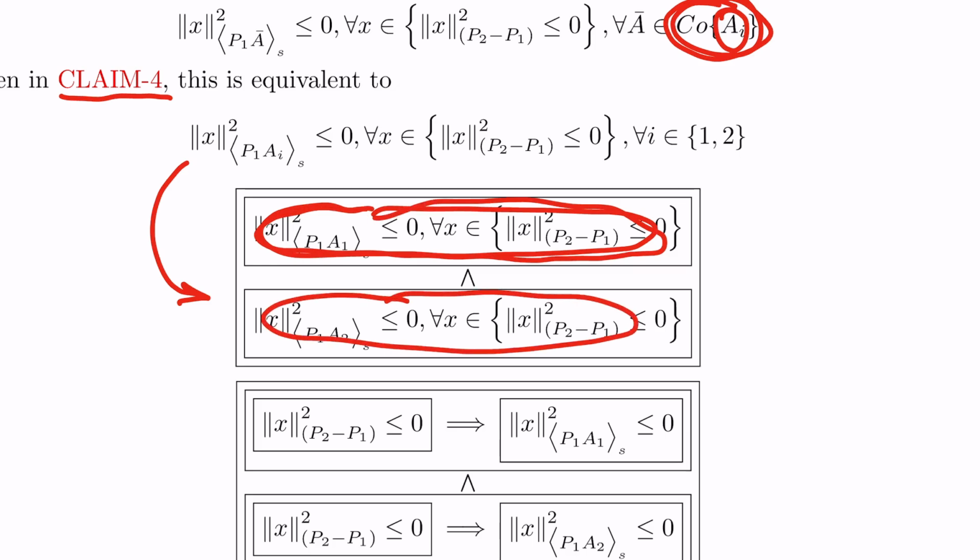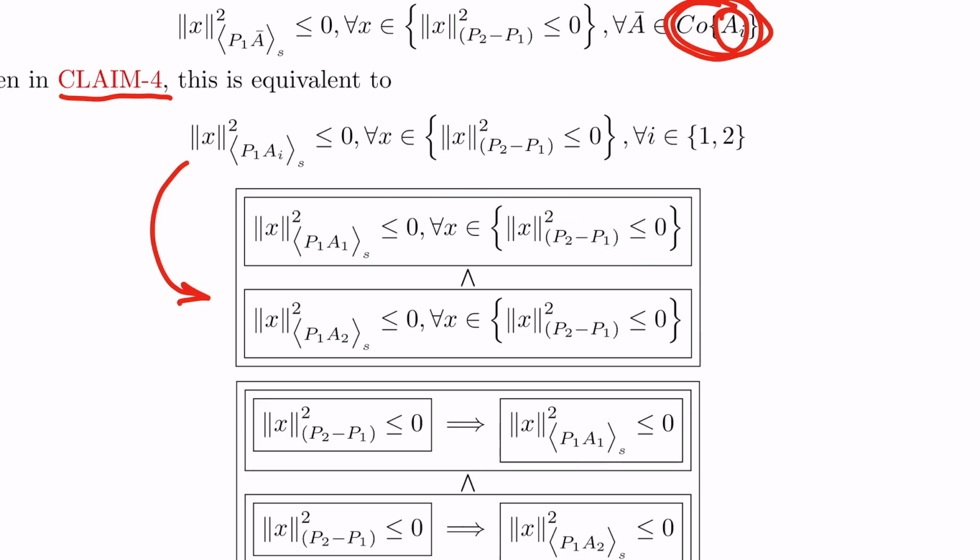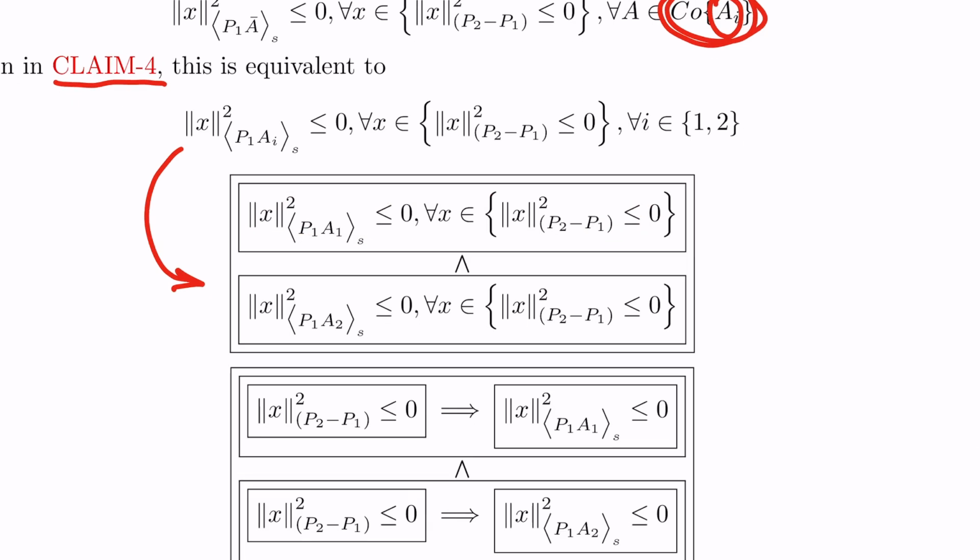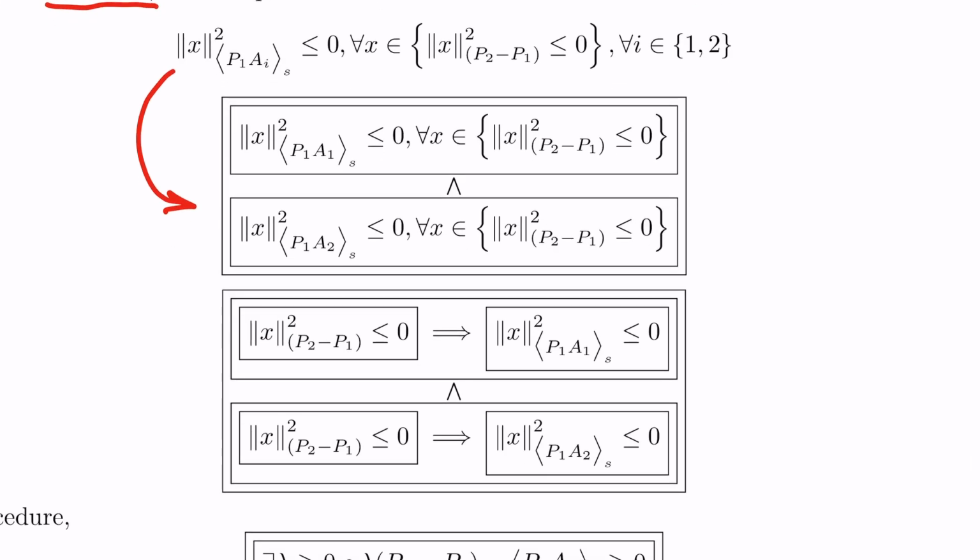So let's focus on the first term, and I'm just writing that expression in another way, right? And this is something that we discussed. This inequality holds for all x in this set. And then I'm saying that if x is in that set, this inequality holds. That is it, these statements are identical.